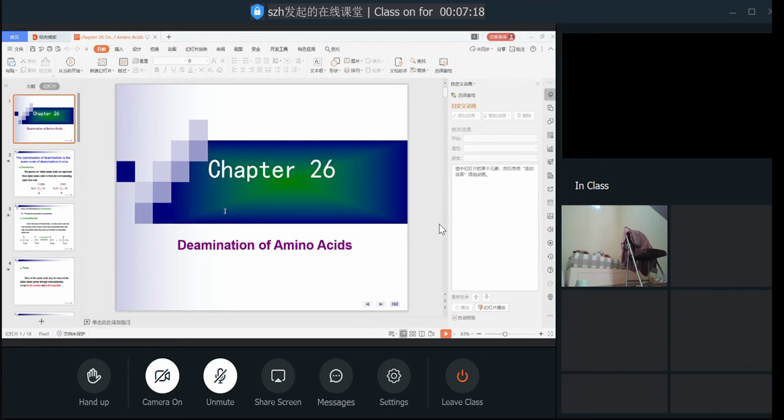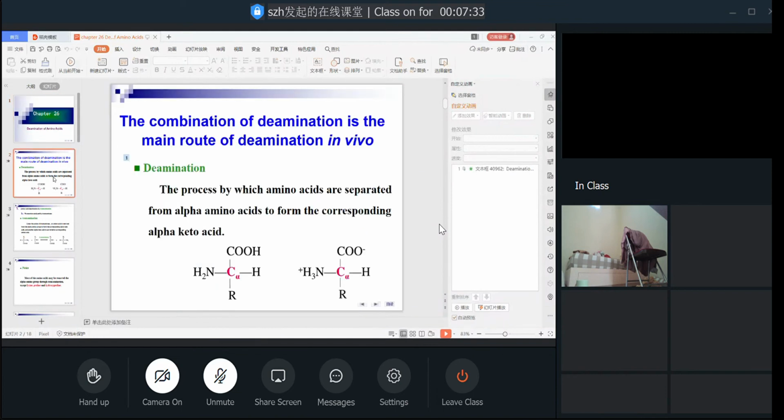The amino acid, first deamination. How to deaminate? Several methods can be used for deamination.